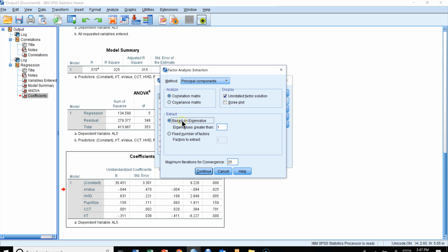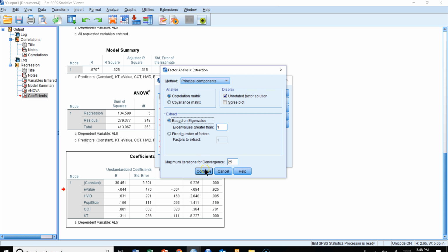And we're going to have the computer select all factors with an eigenvalue greater than 1. Now, what's an eigenvalue? An eigenvalue is the variance of the latent factor. We'll see this a little more in a minute.